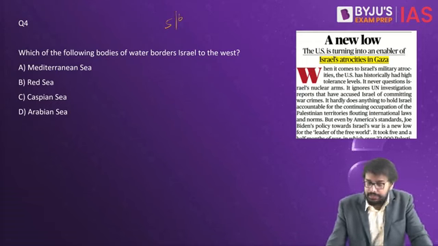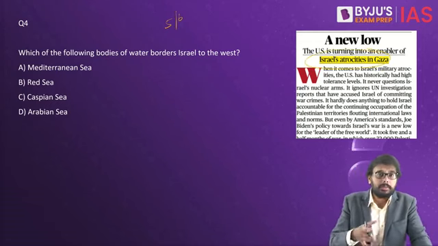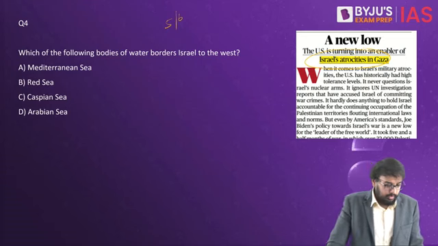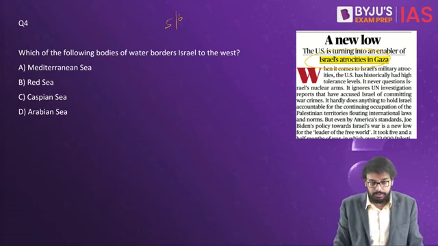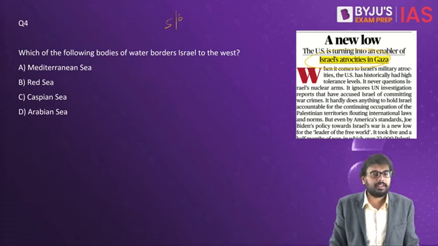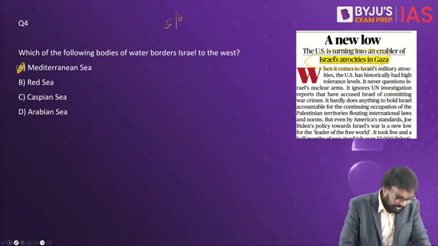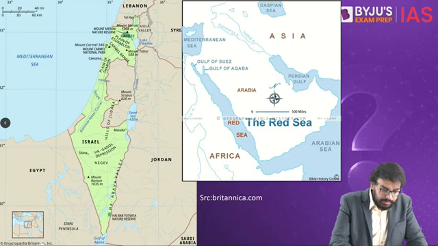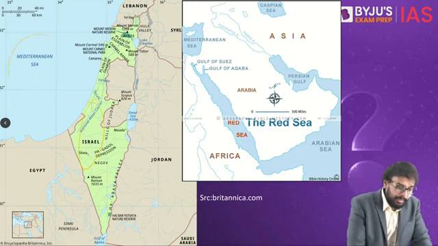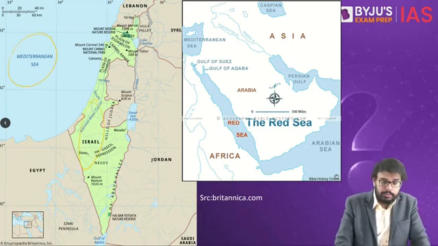Based on that, and there was one editorial on Israel, we'll be taking up the question. Which of the bodies of water borders Israel to the west? So which is that water body that borders Israel to its west? That is your Mediterranean Sea. If you see the map, this is your Israel and this is your Mediterranean Sea, and Israel also borders the Dead Sea.